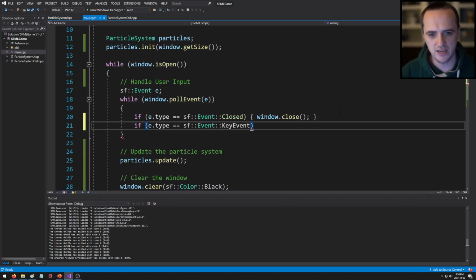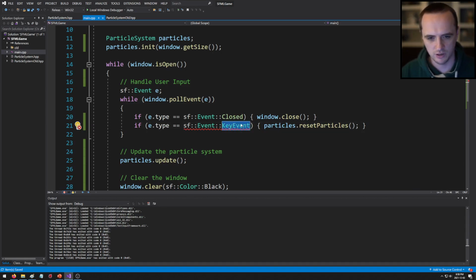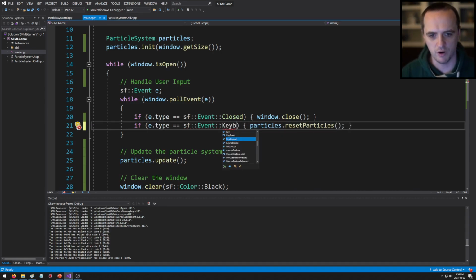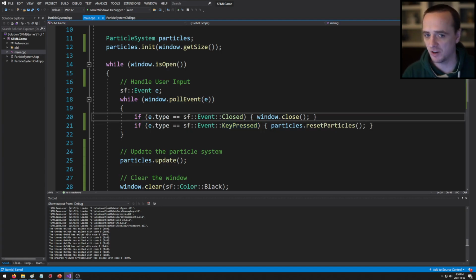So if this is a key event, I'm going to say mParticles, particles it's called, .reset particles. Okay, so every time a key is pressed, it's going to reset the particles.